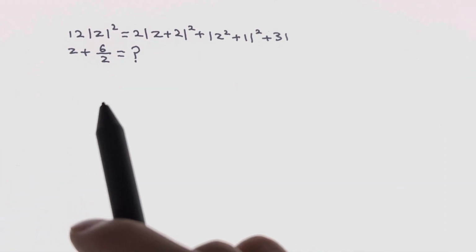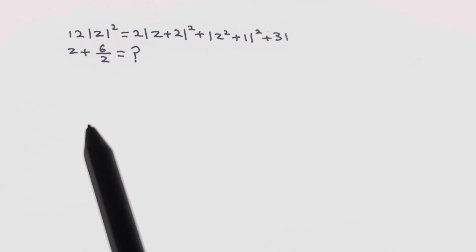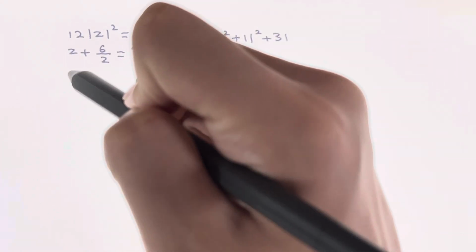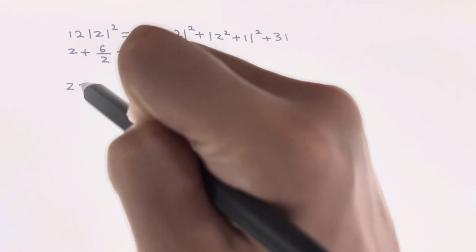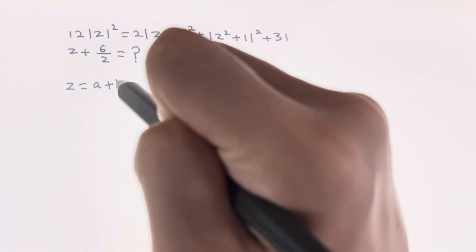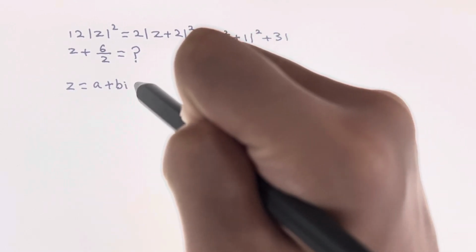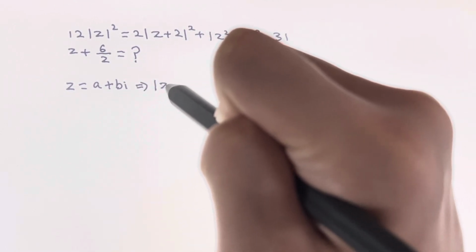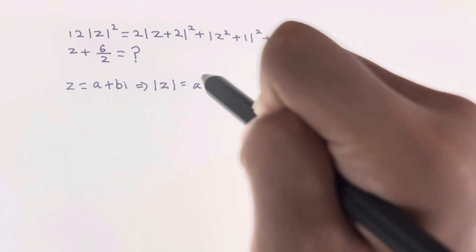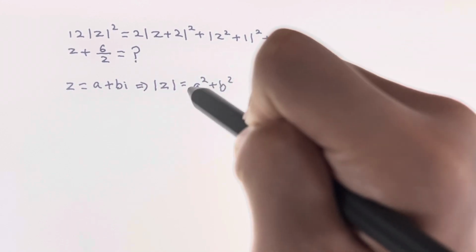First of all, to solve this problem, we must understand the definition of a modulus. If you have a complex number z equals a plus bi, then the modulus of z equals the square root of a squared plus b squared.